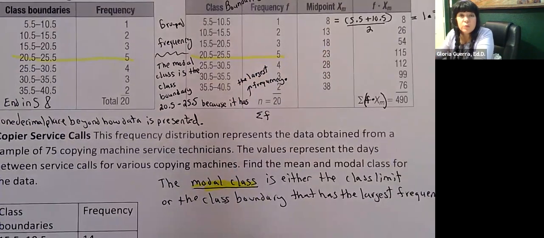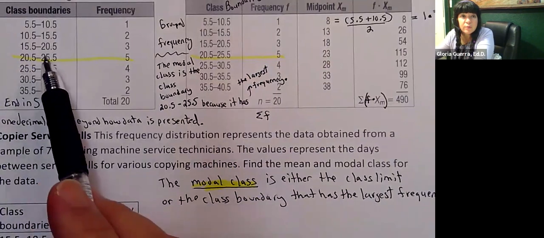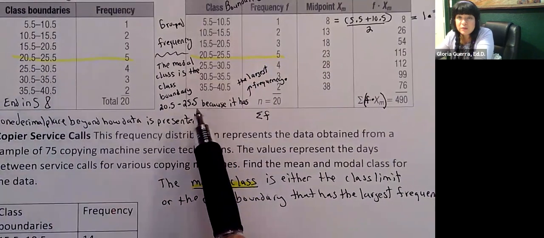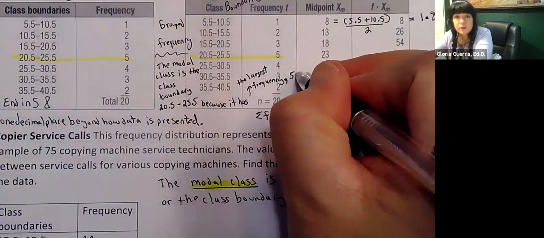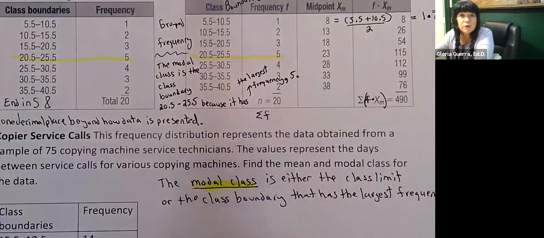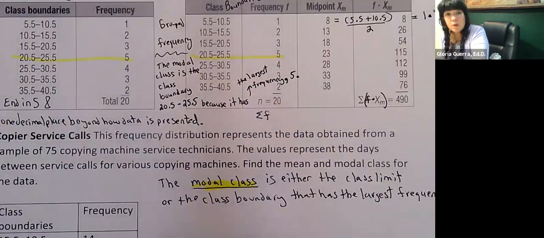Okay, so the modal class is the class boundary 20.5 to 25.5, and that's because it has the largest frequency, comma, which in this problem was 5. So if you look at the frequency, 5 was the bigger number.